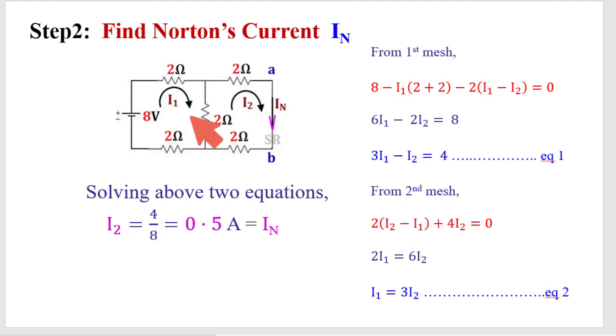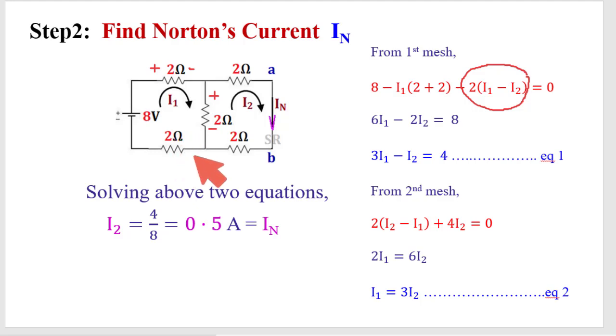Considering two loops, first loop and second loop. From the first loop, the potential drop across this is 2 into I1, with polarity like this. The potential drop across this is 2 into (I1 minus I2), positive here and negative here, and I1 is flowing through this path.